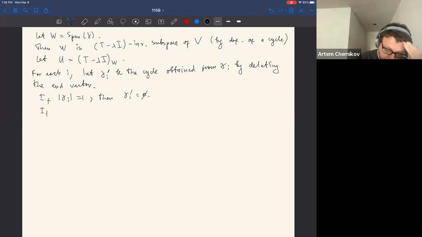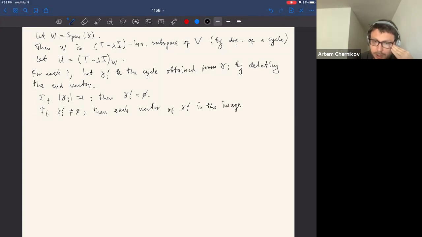And if gamma i prime is not empty, then each vector of gamma i prime is the image under U of a vector in gamma i, because I only deleted the nth vector.